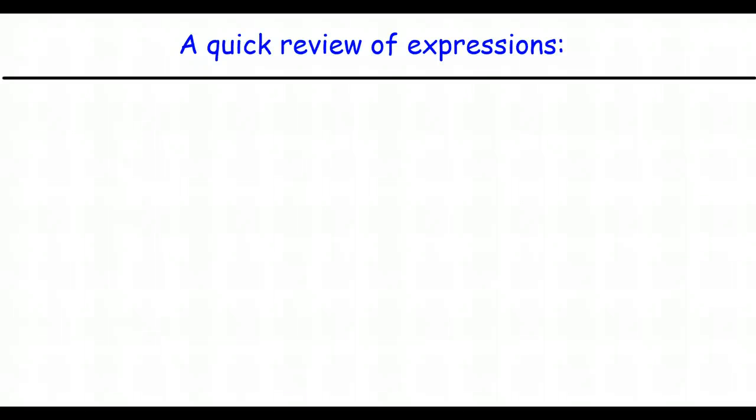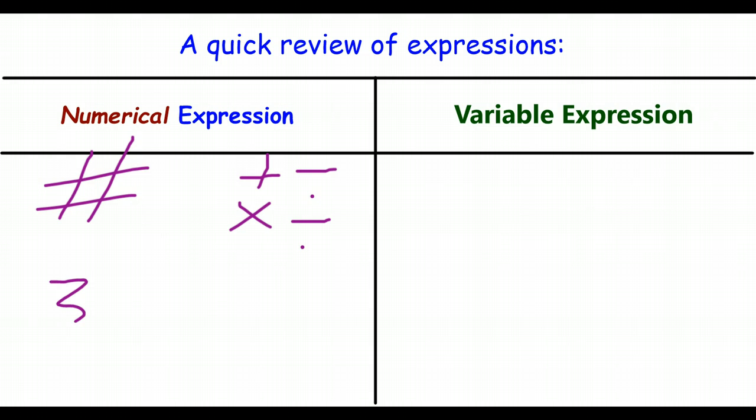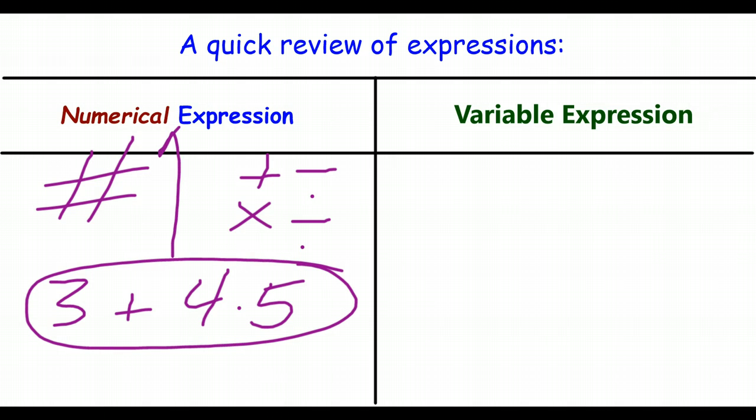And we had two different types of expressions when we looked at them. We had numerical expressions and variable expressions. And as a matter of quick review, numerical expressions just had numbers, and they had operations. So things like 3 plus 4 times 5 would be an example of a numerical expression.